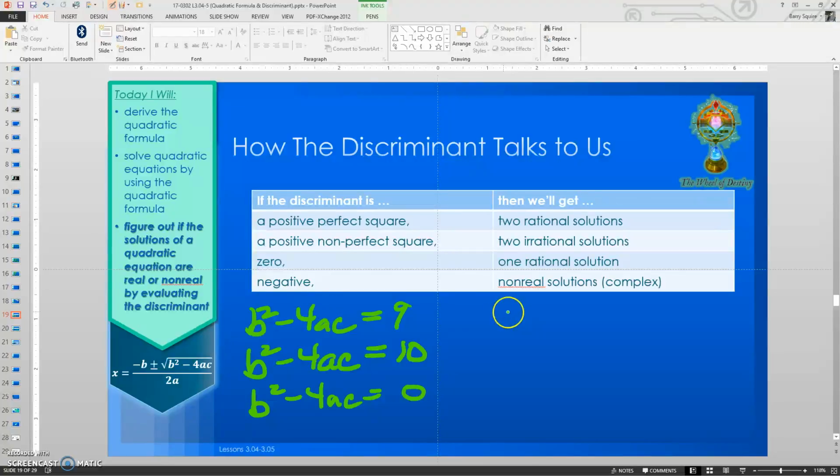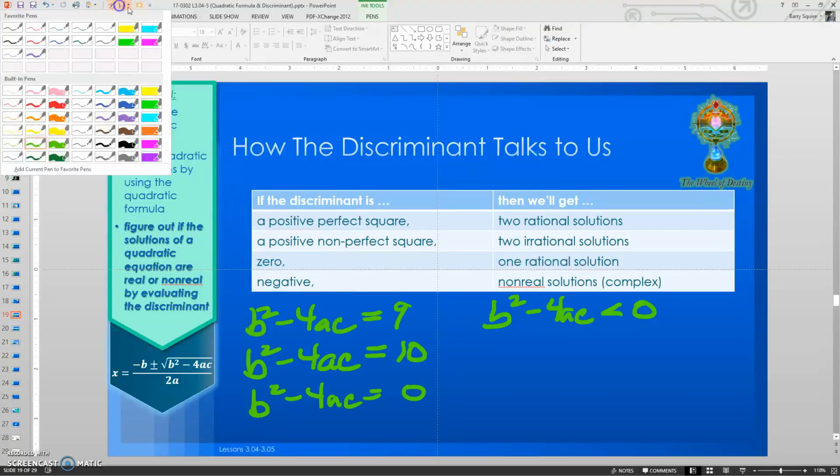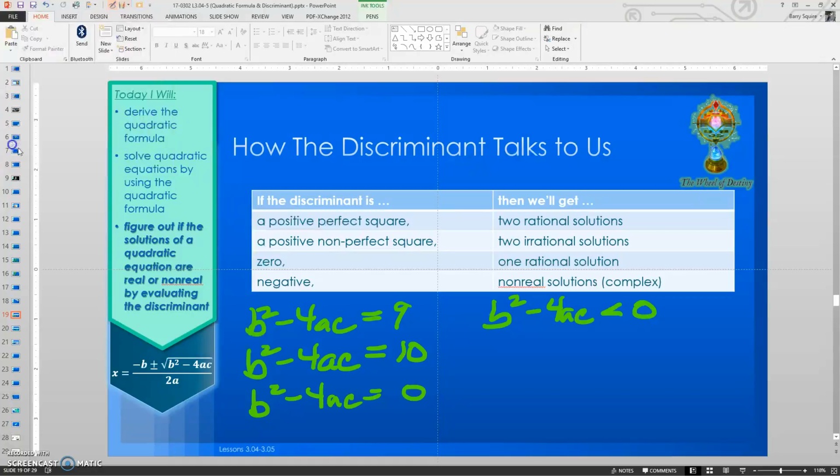And then, worst case scenario, well, I wouldn't call it worst, but rare scenario is if the discriminant b squared minus 4ac is negative, so I'm going to just say less than 0, we are going to end up with non-real solutions, or with complex solutions. Because think about it, we're talking about plus or minus the square root of a perfect square when we put it into the quadratic formula.